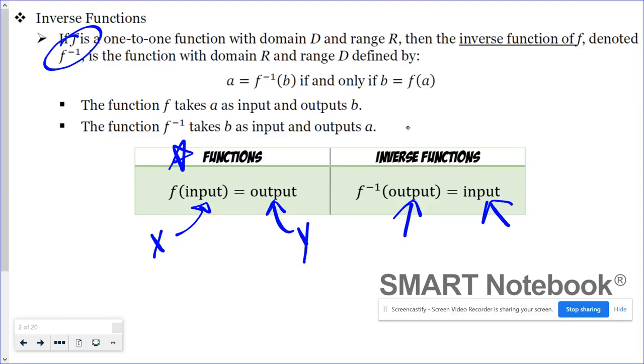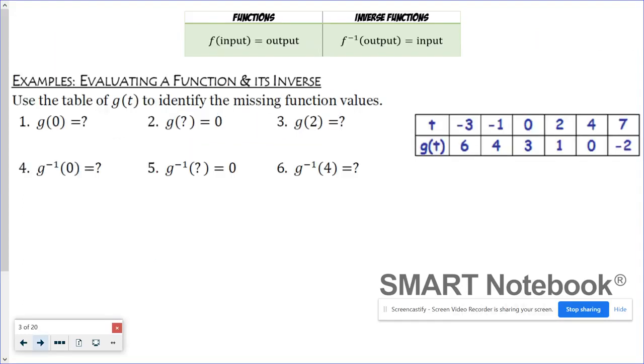So really look for that little -1 indicating it's an inverse, okay? And in these examples, we are evaluating functions and inverse functions using a table of values, okay? So we have to pay attention to, is it a regular function or is it an inverse function?